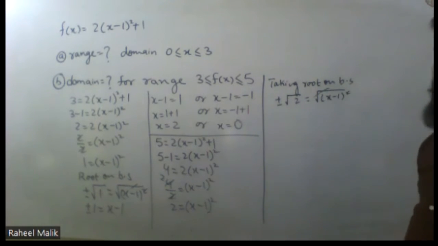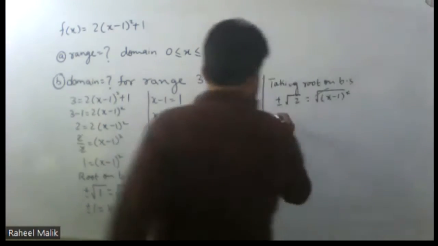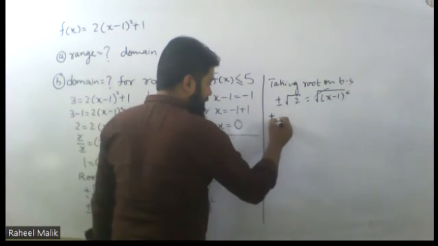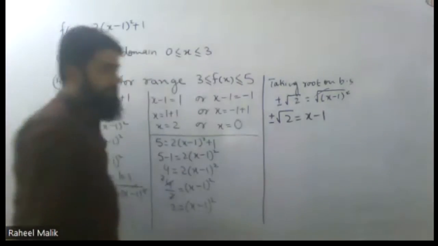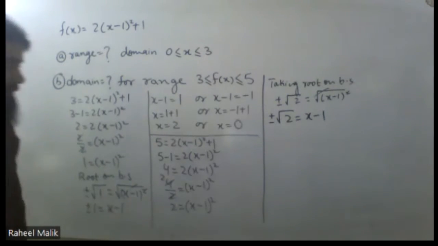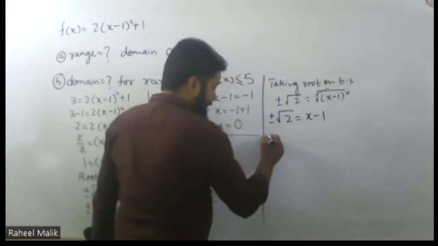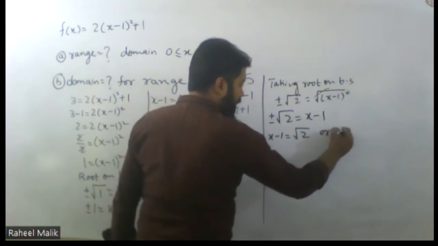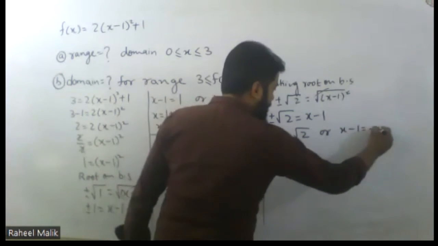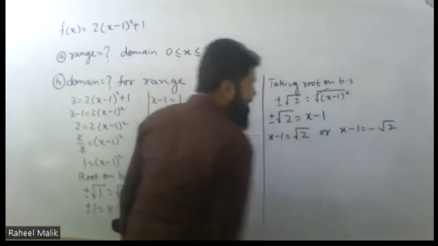Square and root will be cancelled. You will have plus minus under root 2 equals x minus 1. For simplification, x minus 1 equals under root 2 or x minus 1 equals minus under root 2.